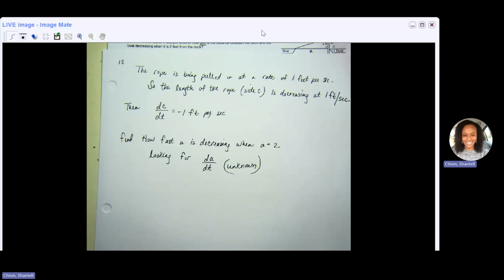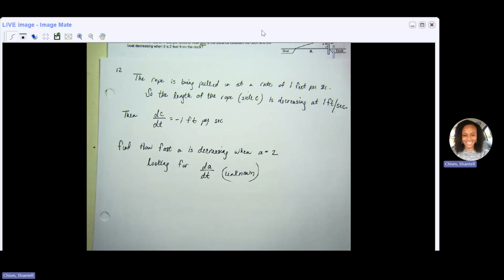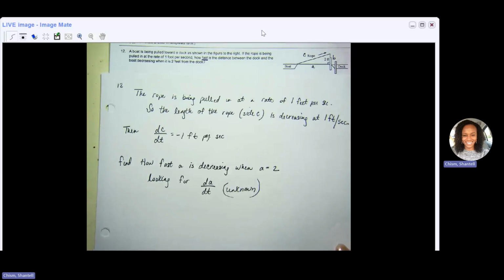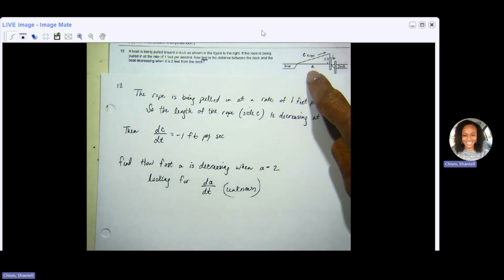Since we know what we're looking for, and since we have this right triangle that doesn't tell me anything about the angles except the right angle, I'm leaning towards the Pythagorean theorem. They told me B up front, and they also tell me what A is, since we're interested in the rate of A when A is 2.